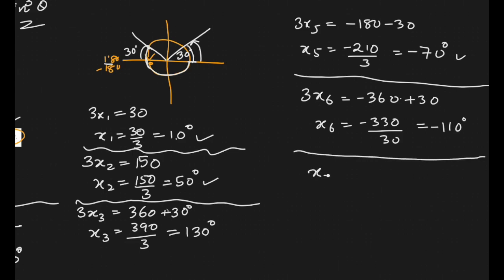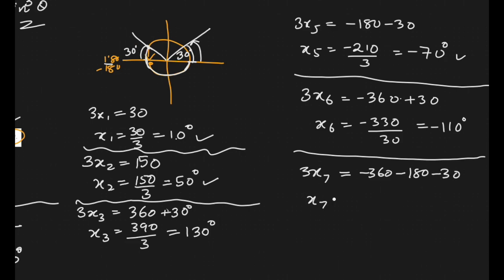Let me try for x7, which is even beyond that. Let's see, it may not work, but I will try. Okay, so minus 180 minus 360 minus 180. So minus 360 minus 180 and again minus 30 more.